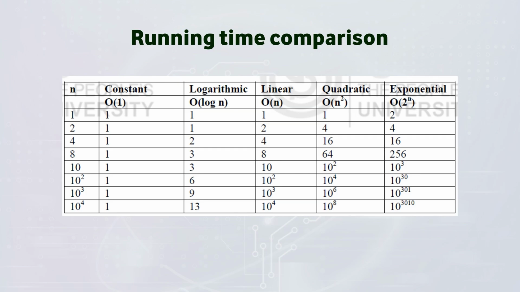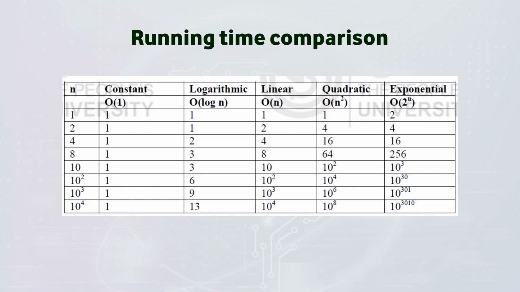Next, how does that complexity increase as the value of n increases? When the value of n equals 1, the constant time is 1 and the logarithmic time is also 1. When we increase the value of n, we can see the different complexities have different outcomes. When n equals 10 to the power 2, the exponential value is 10 to the power 30, and in the case of quadratic it is 10 to the power 4.